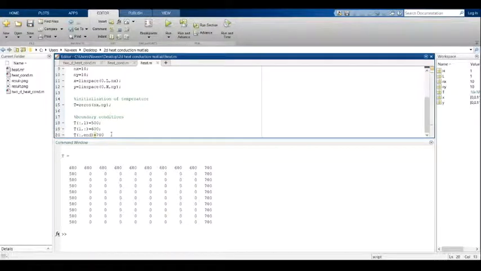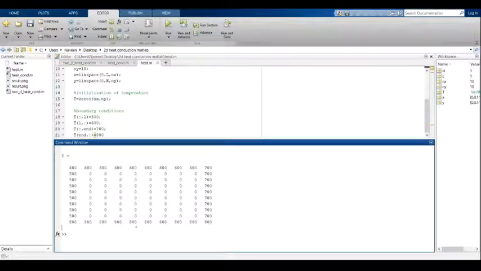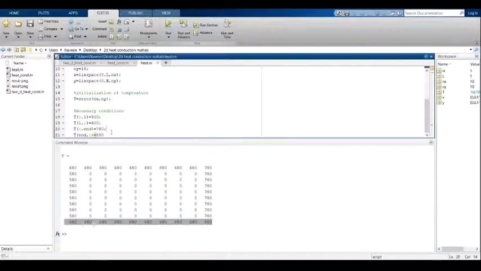And then the bottom row, all the columns, is equal to 800. This is the initialization of the temperature.